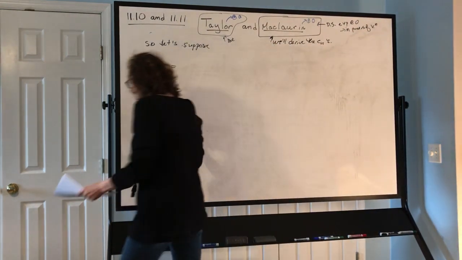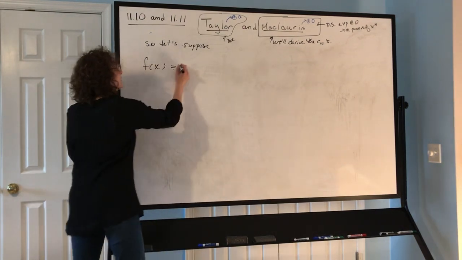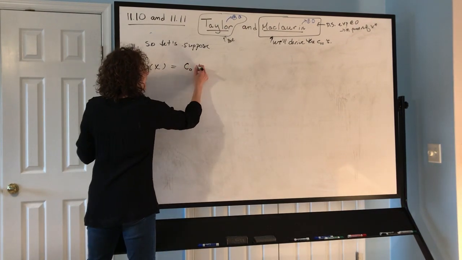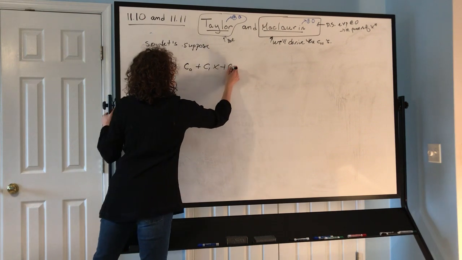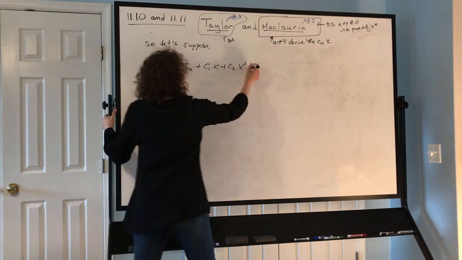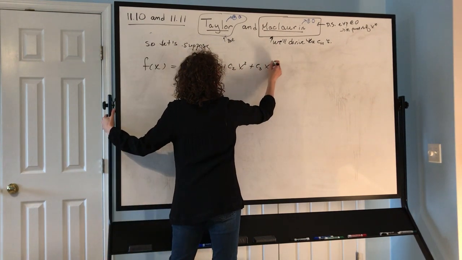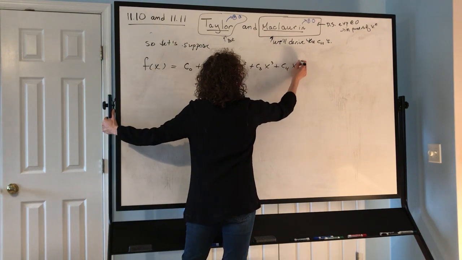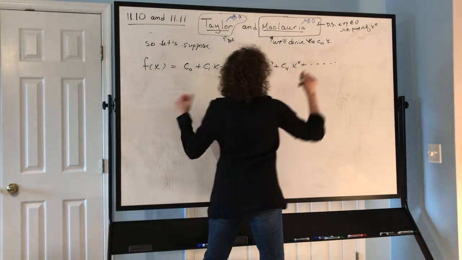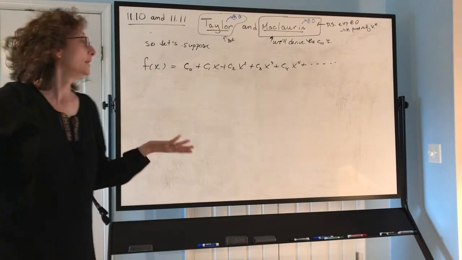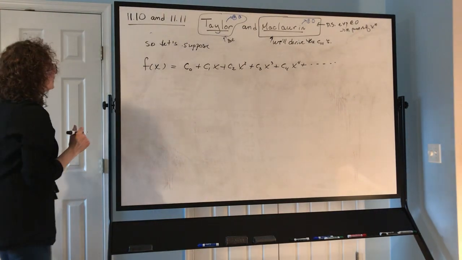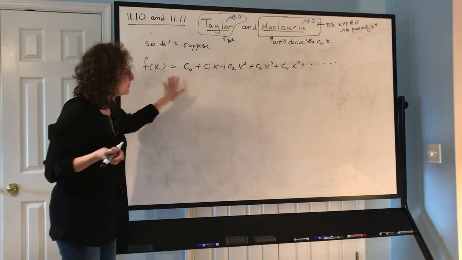What does that look like if we write it out? c naught plus c1 x plus c2 x squared plus c3 x cubed plus c4 x to the fourth, on and on forever.